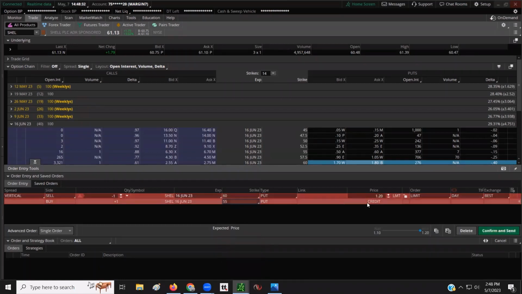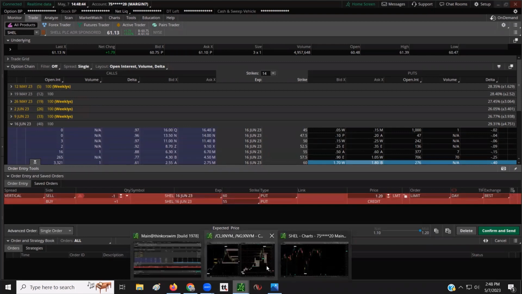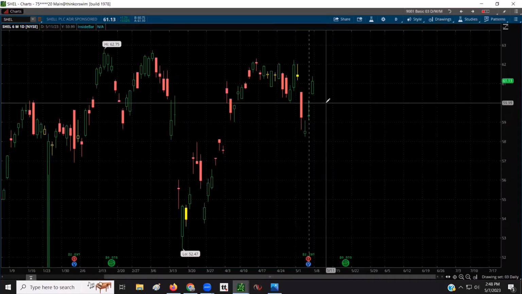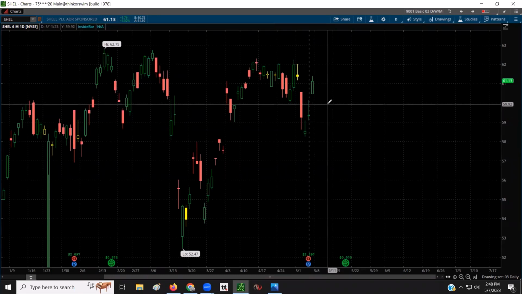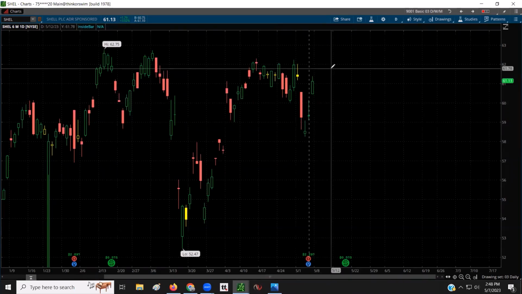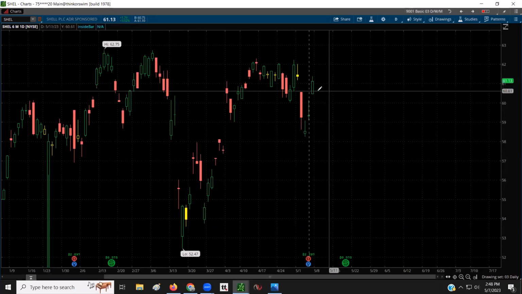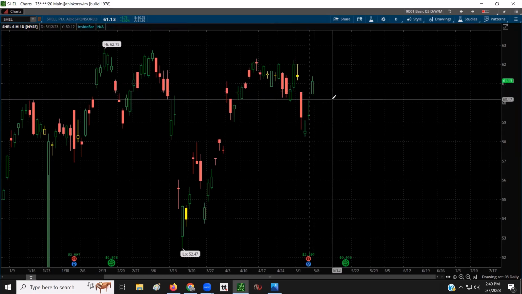There we go, 5 strikes wide. You collect $120. What you're looking for is this price here, your short strike on the put, 60. We're looking for the stock to stay above $60. As long as it stays above $60, you're good. If this stock goes up higher, the premium you collect melts away faster. That's good. If the stock goes sideways, then time decay.